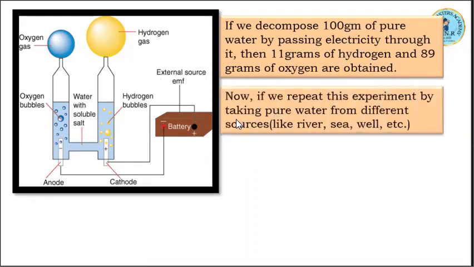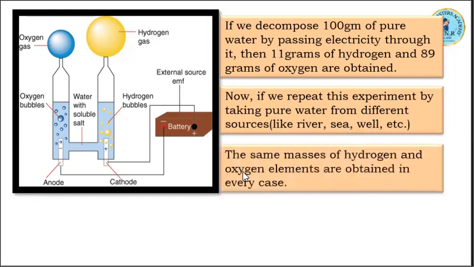Now, if we repeat this experiment by taking pure water from different sources like river, sea, well, etc., do you think the mass of hydrogen and oxygen changes? The same masses of hydrogen and oxygen are obtained from river water, sea water, or well water, wherever you go.